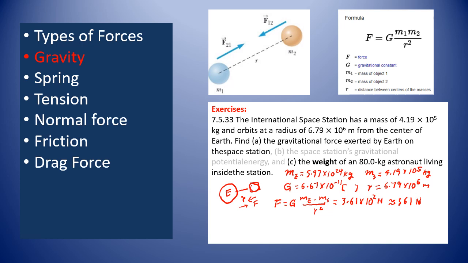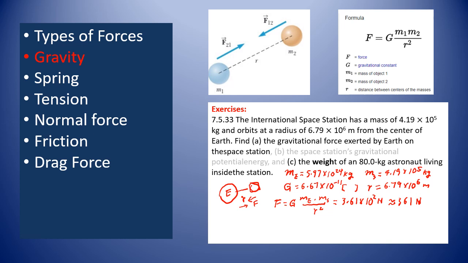Just to give you an idea, compared to the size of the Earth, the orbit is basically close to the surface of the Earth, like several kilometers above. So that is the distance from the center of the Earth.